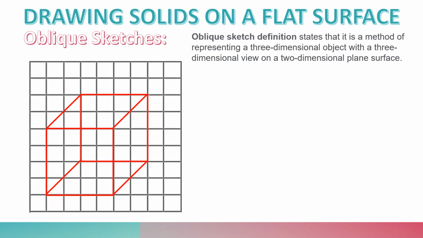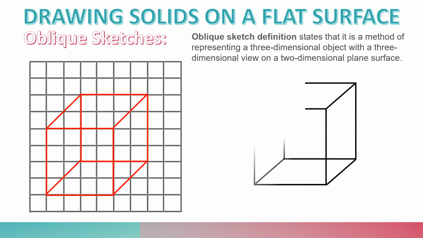So after joining, you can see that we have got the 2D diagram of a 3D shape, which intuitively depicts the properties of a cube. Without the squared sheet, if you try to draw it, it looks like this. So this is the first way of drawing 3D solids on a flat surface.